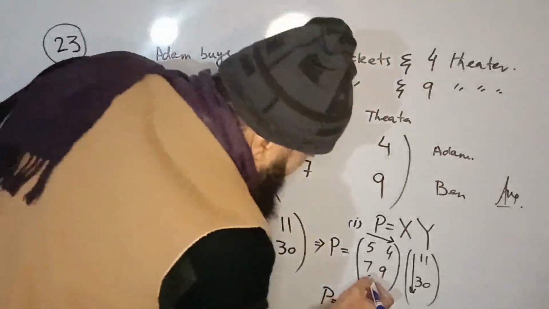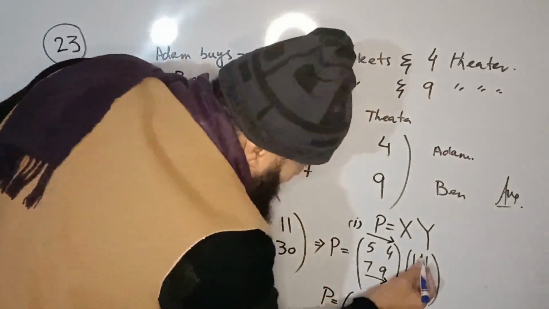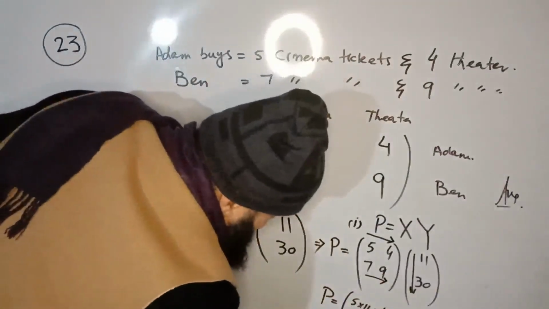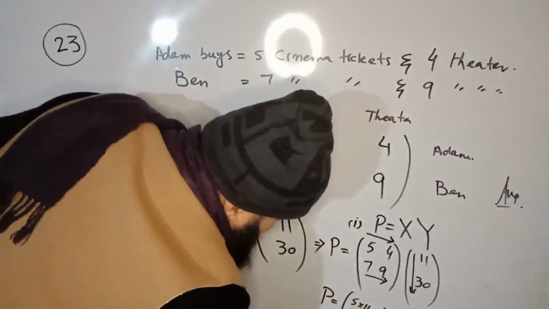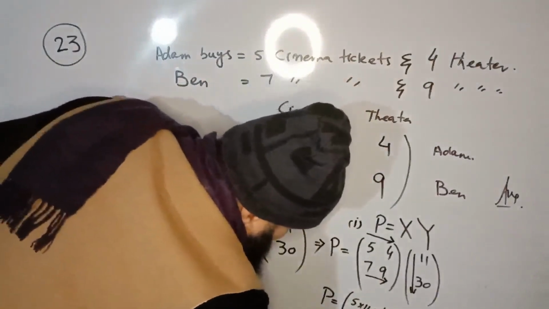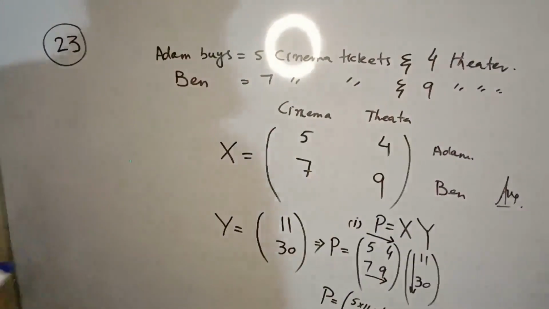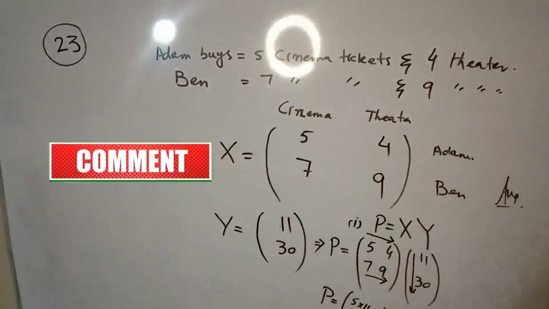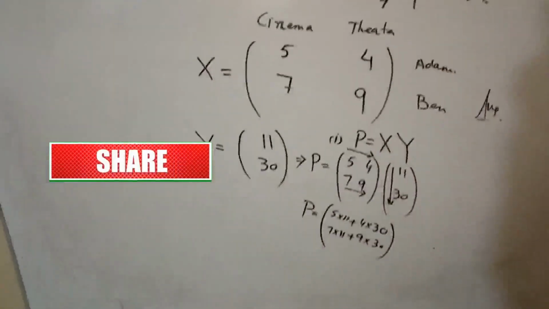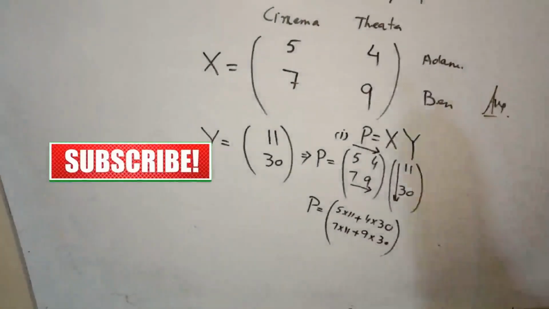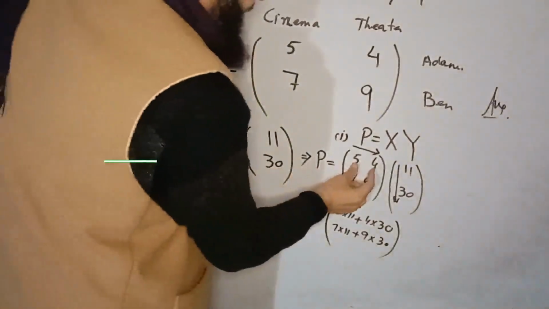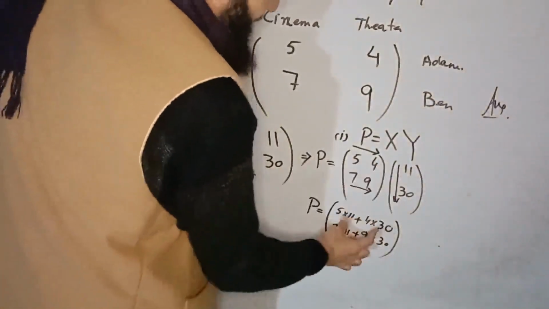Similarly, when we multiply the second row, then we get the second value. So 7 into 11 plus 9 into 30. We will multiply corresponding entries and then add them. Look here. I take the first row and multiply the column, we get the first entry.